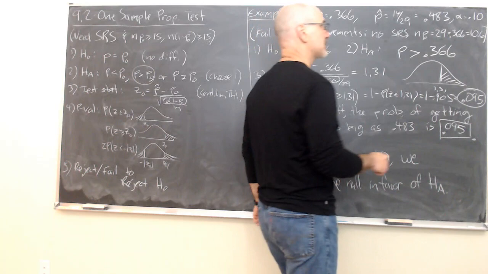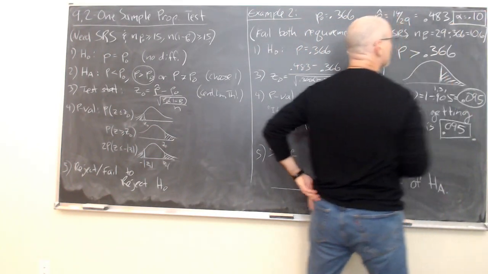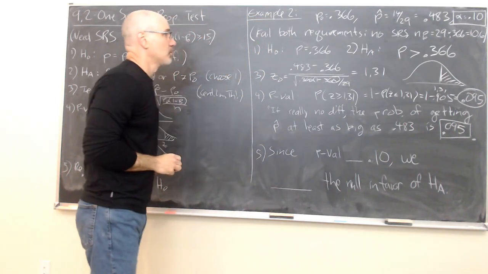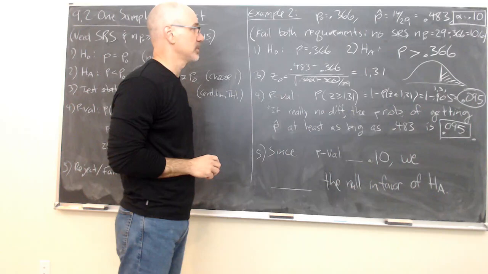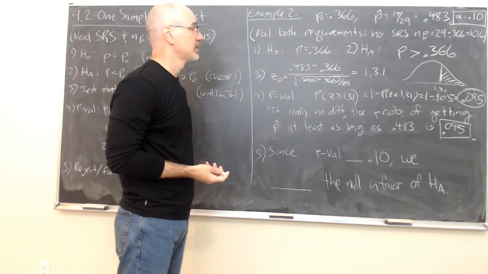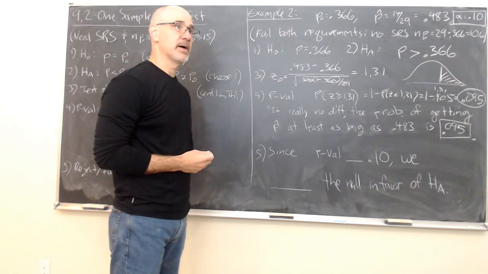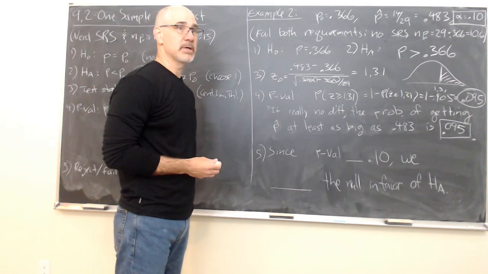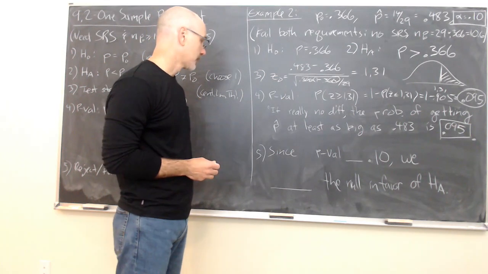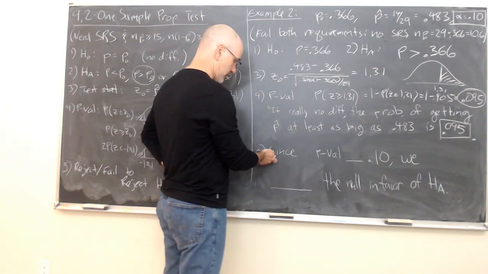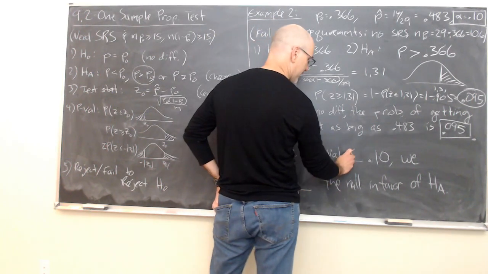So I don't think this is in the notes, but we are going to set alpha equal to 0.10. So alpha is the significance level. And setting it at 0.10 means that any p-value less than or equal to that value will cause us to reject the null. So the p-value here was 0.095.